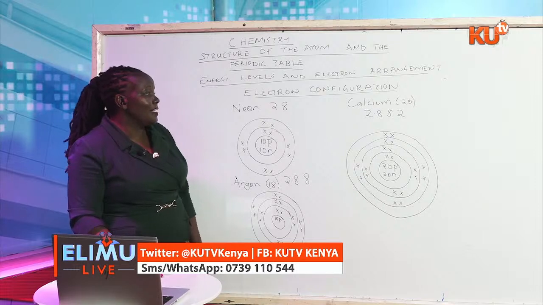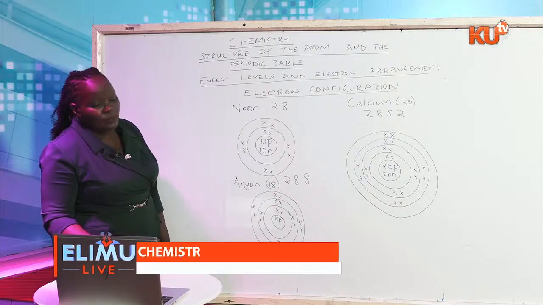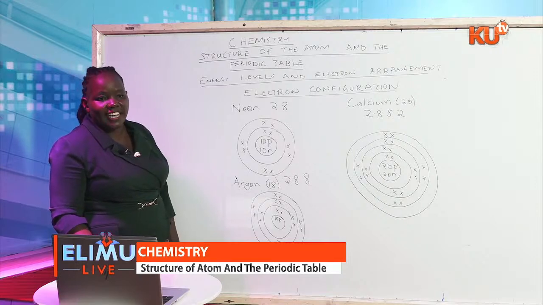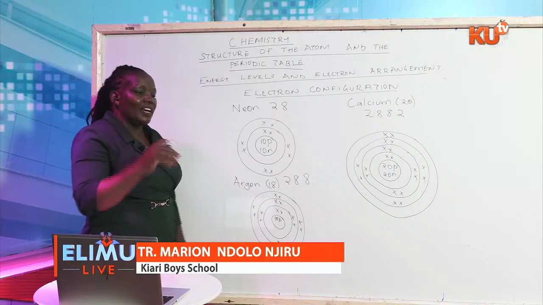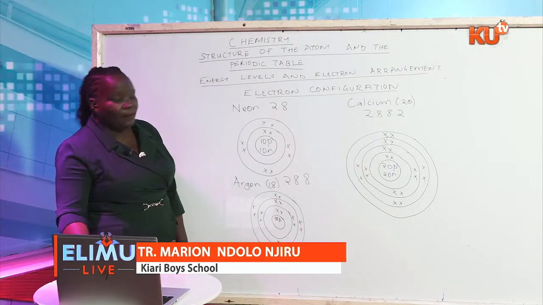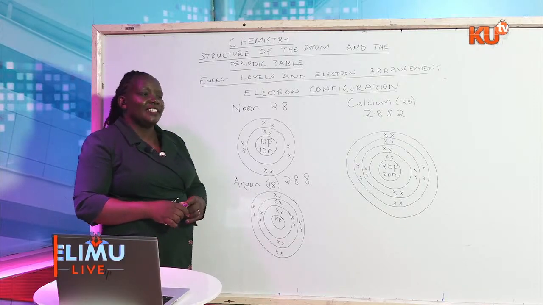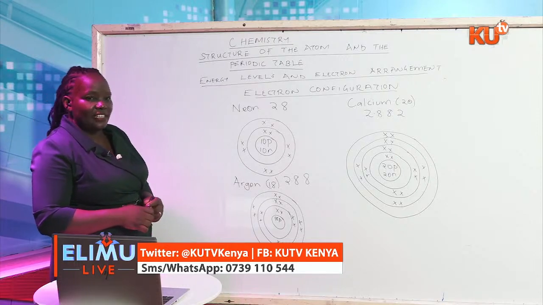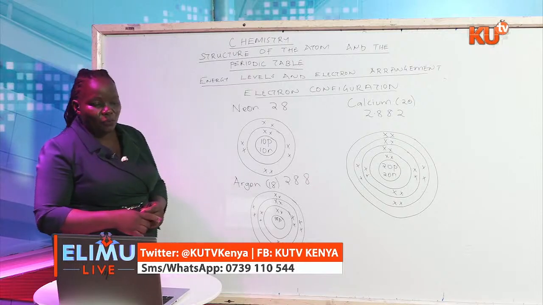Now, having looked at those examples, we can conclude by saying that when it comes to the energy levels, it is the region around the nucleus. And then we have also said that when it comes to numbering the energy levels, you start with the one that is next to the nucleus as you move outwards. Something of importance to note is that the energy levels have a maximum number of electrons they can accommodate.